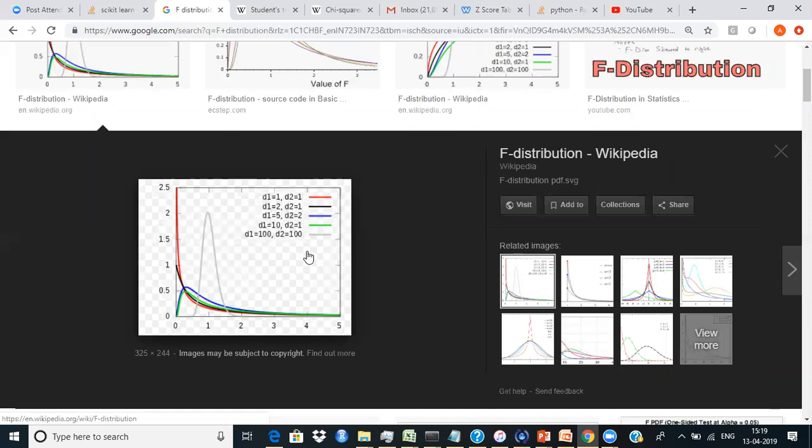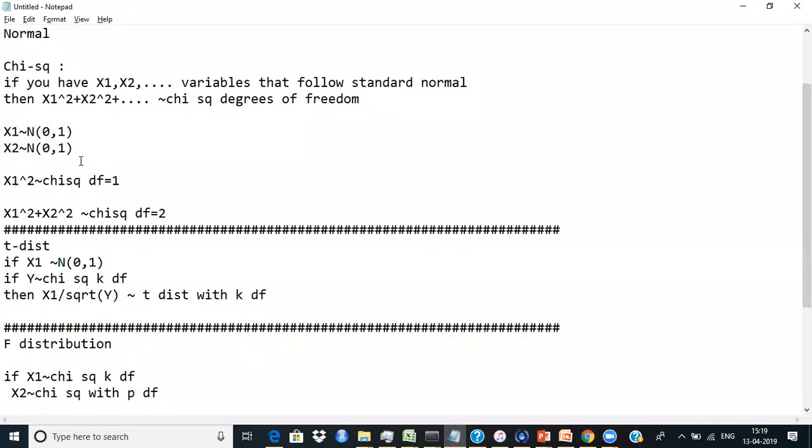Now, let's come to what you need to remember. What you need to remember out of all of this is how we get a T distribution, or how we get a chi-square distribution. This is the only thing that you need to remember, right? And one thing you need to remember is T distribution is symmetrical. I'll come to it.